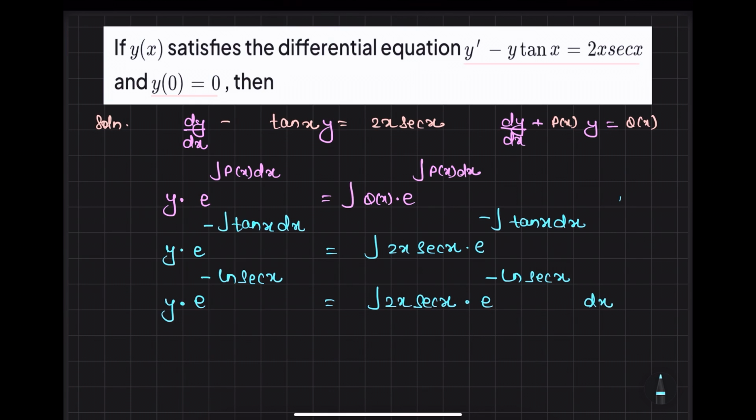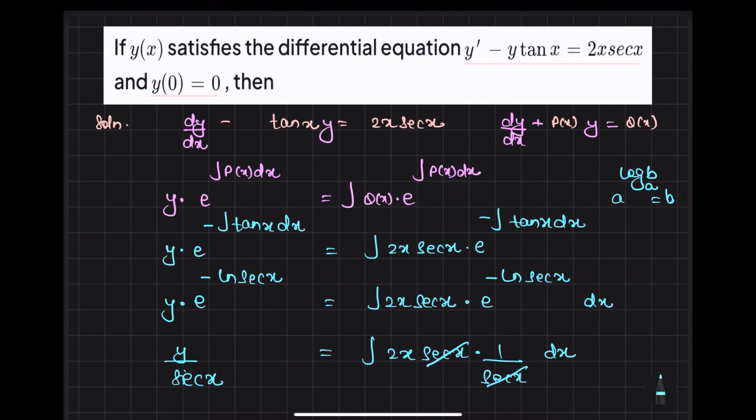Now do you remember this property? a power log b base a is b. You know that ln means log to the base e. So can I write down this thing as y times sec x power minus 1, means y by sec x, is equal to integration 2x sec x times 1 by sec x dx.